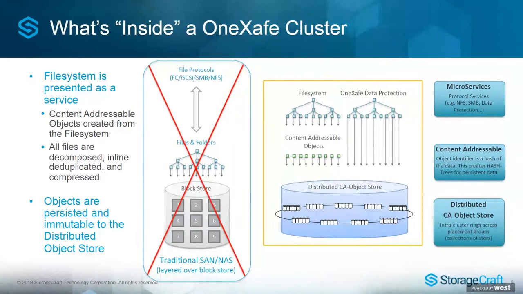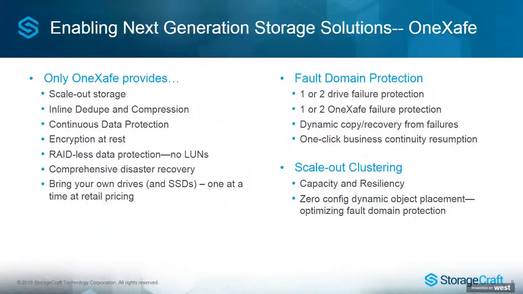In addition, the same software I just described at a high level runs on multiple OneSafe models. We provide inline deduplication and compression for data reduction, but also continuous data protection. When I say continuous data protection, we're taking snapshots of unstructured data.